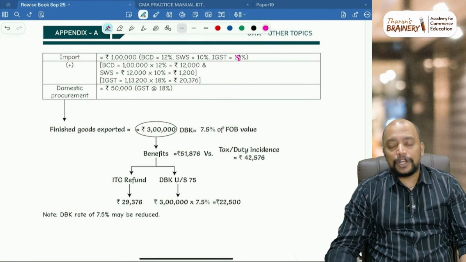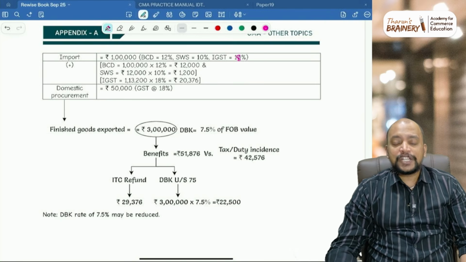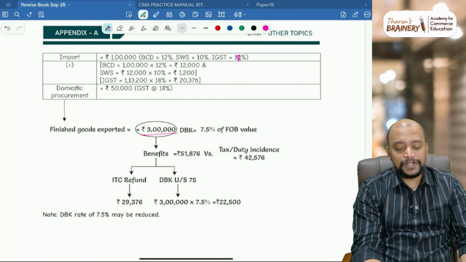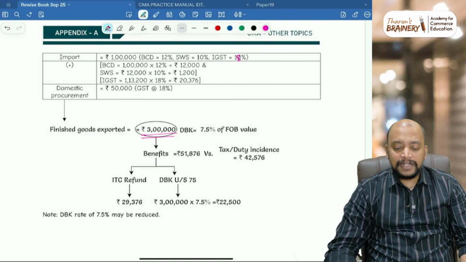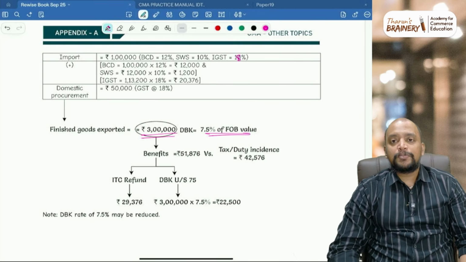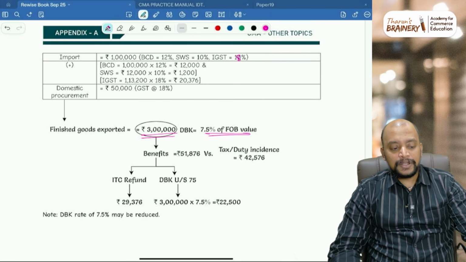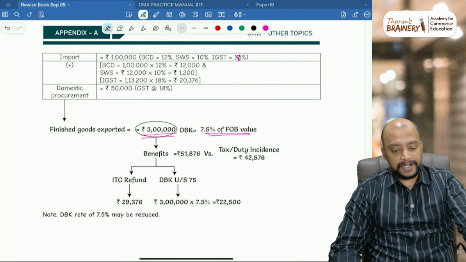And domestically also you made a procurement of 50,000, GST 18%. Now you exported the finished goods, the value of the finished goods is 3 lakhs, and the duty drawback is 7.5% of FOB. Means how much will you get as benefit? 3 lakh into 7.5%, so you will get 22,500.